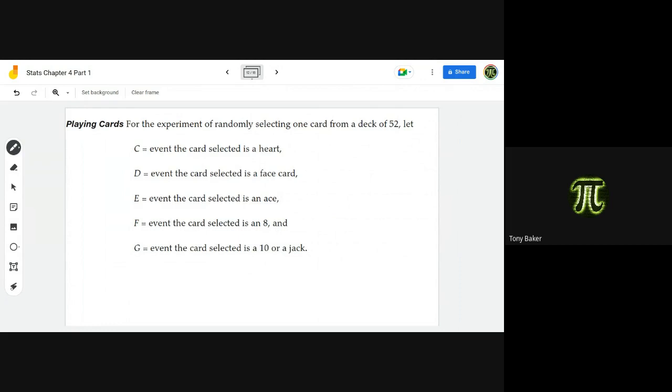All right. So we've got: the selected card is a heart; the event is a face card; the event is an ace. Remember, an ace is not a face card. The event is that a card is selected as an 8, and the event that a card is selected as a 10 or a jack. All right, so C and D. Is C and D mutually exclusive or not?